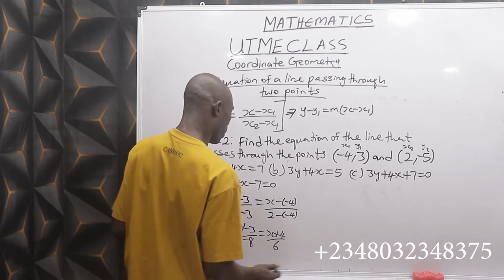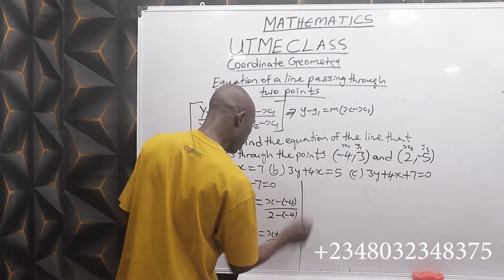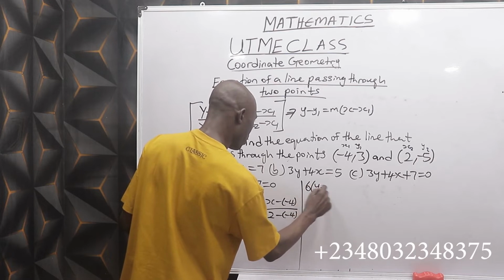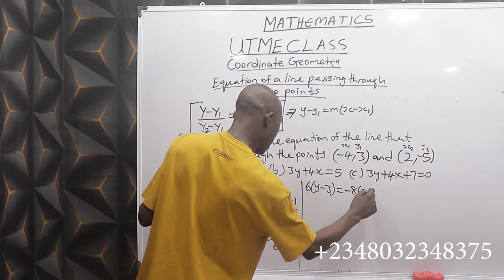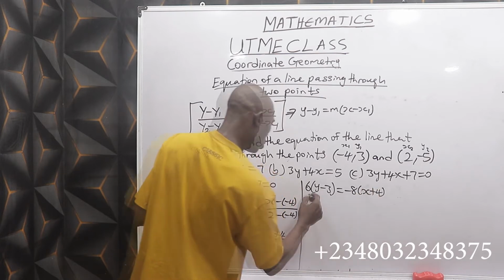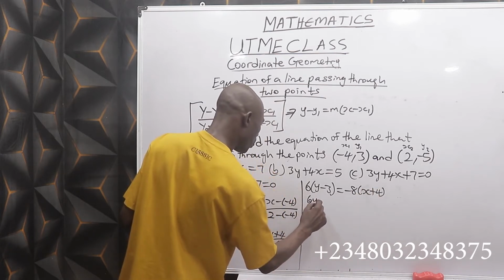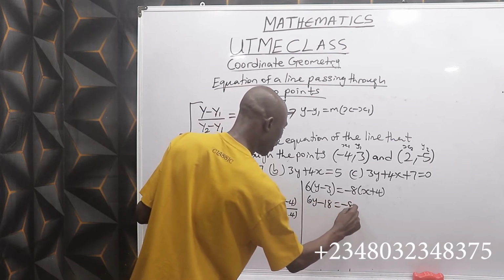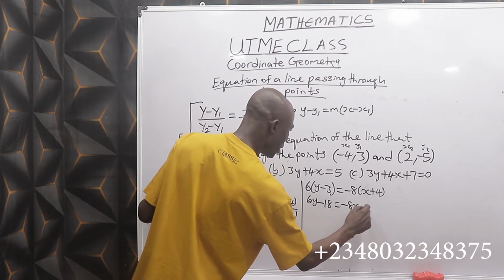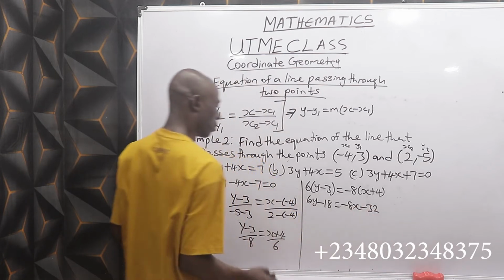So we cross multiply there. We have 6 into y minus 3 equals minus 8 into x plus 4. So this will be 6y minus 18 equals negative 8x minus 32.